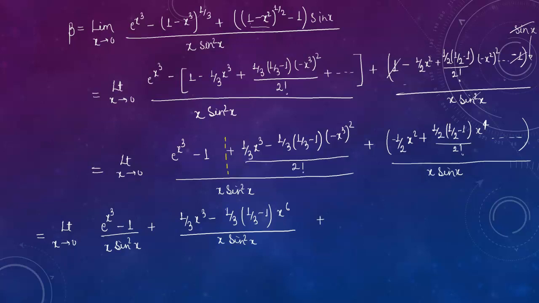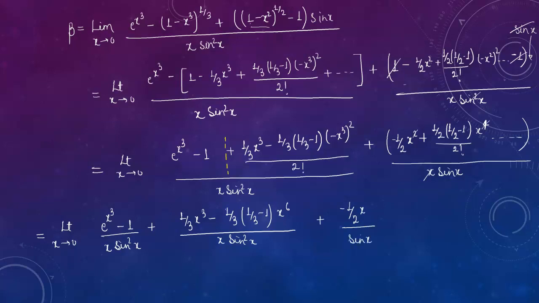Plus, here 1 x will be cancelled, single x from these upper higher terms of x will be cancelled. So here there will be x, 1 upon 2 x upon sine x.